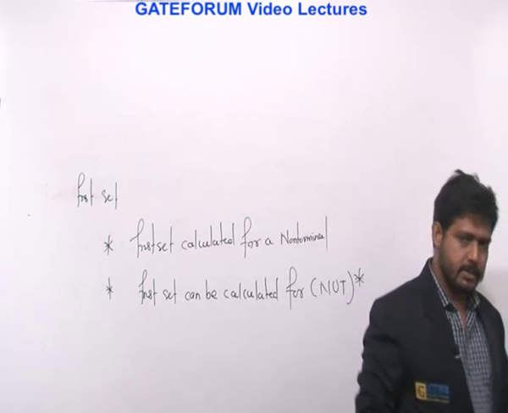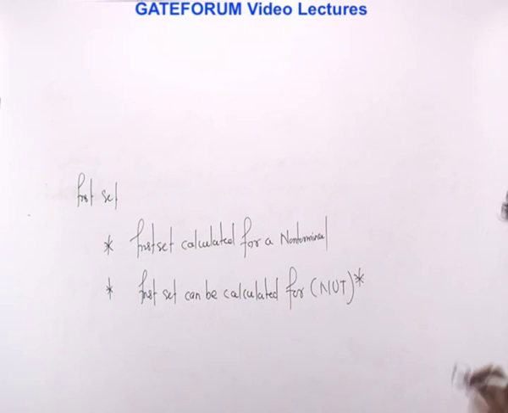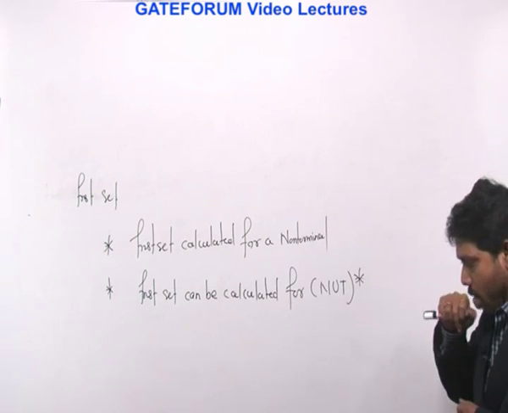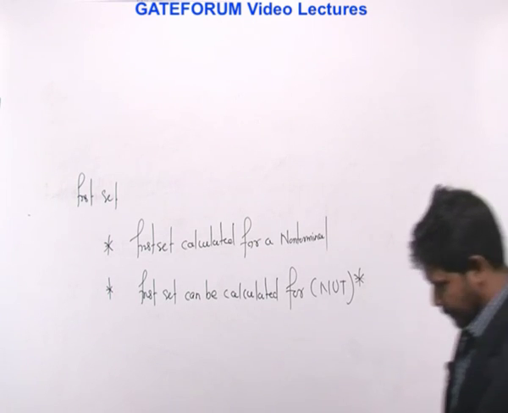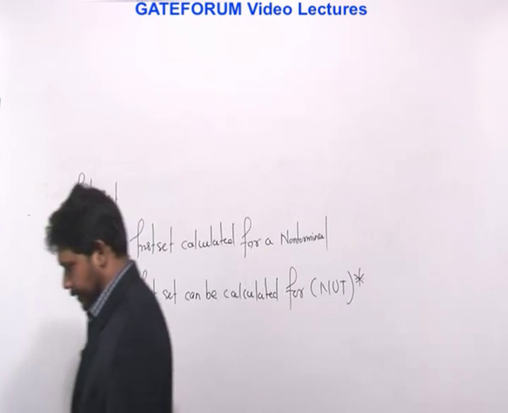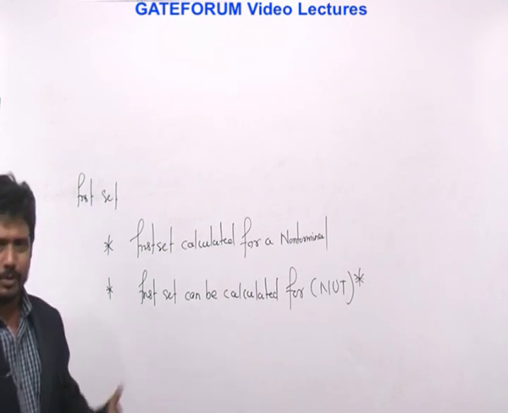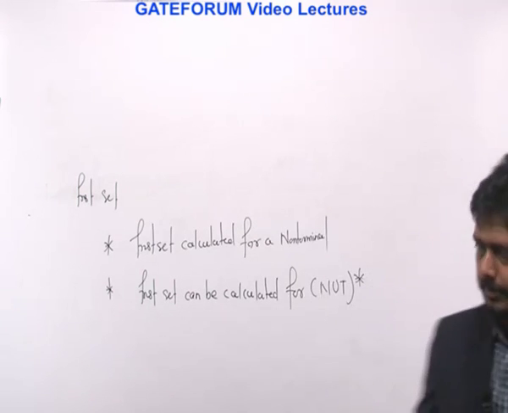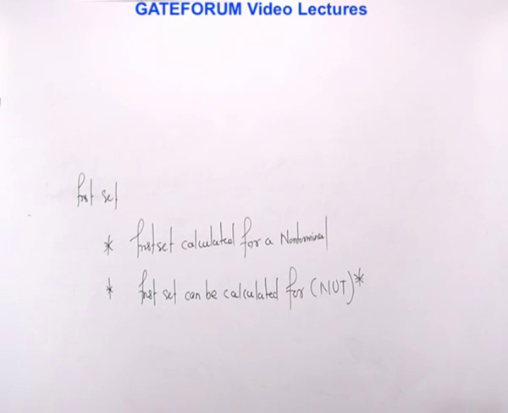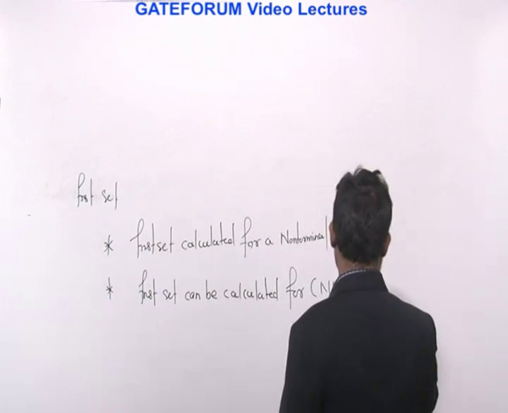For a string of terminals and non-terminals also the first set can be calculated. So don't have any concept in your mind that it is only for the non-terminal. It is not true. It can be calculated for a terminal, for a string also, for terminal union non-terminal also.